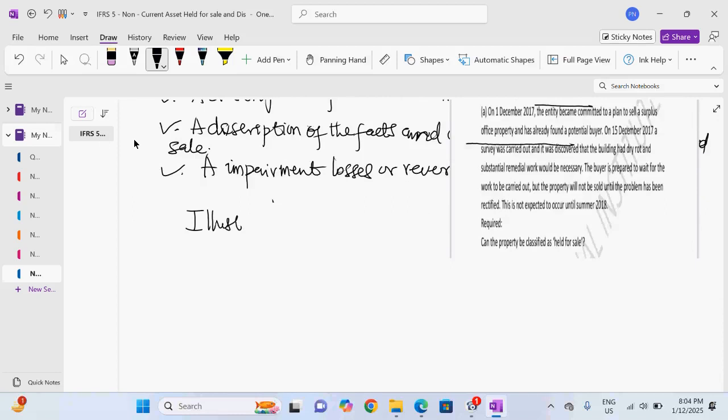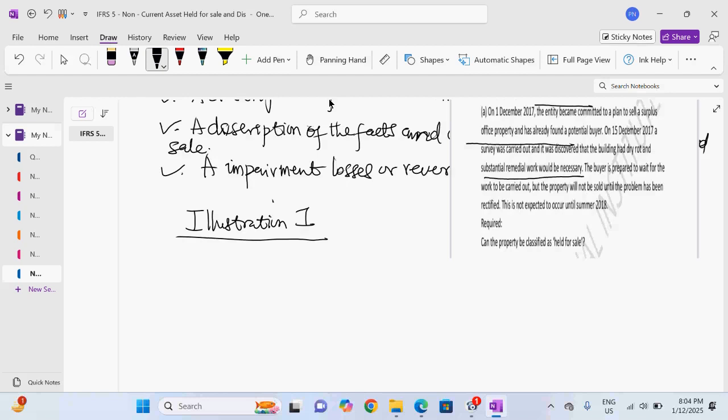All right. So illustration 1. We cannot classify it as an asset held for sale, even though they are committed to make the sale. But then we saw that the building had dry rot and substantial remedial work would be necessary.